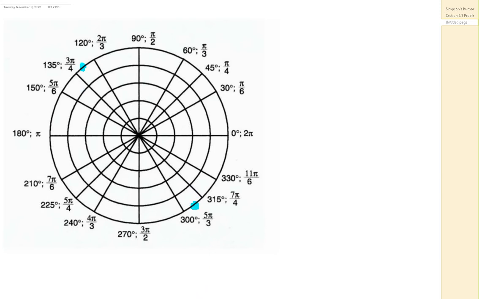So let's see, we wanted a negative radius and a positive angle. So here's my positive angle. It takes me to here. And then when I account for the negative radius, I'll go over here. The question is, what is that angle?